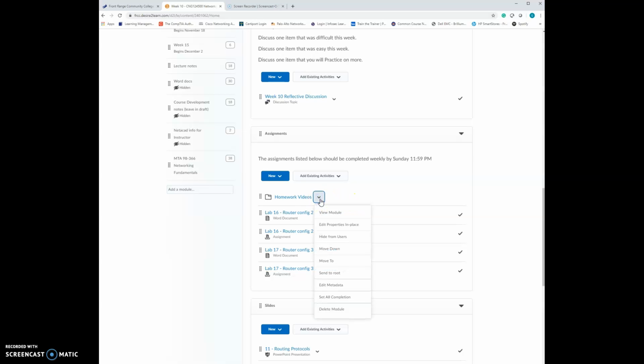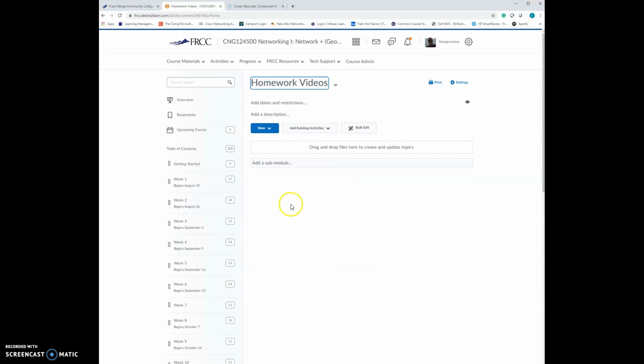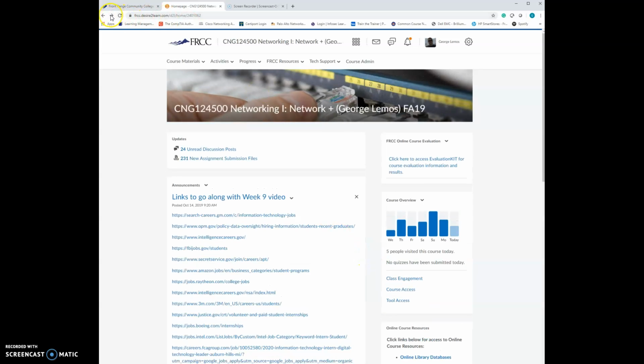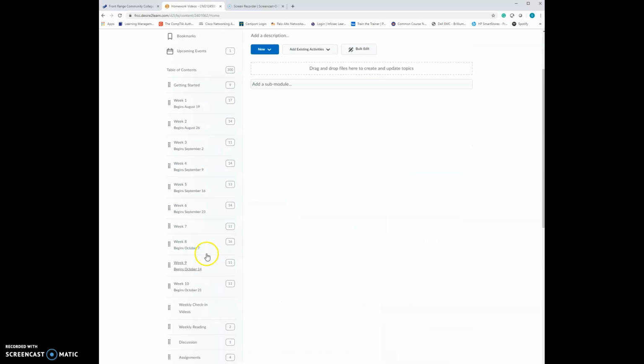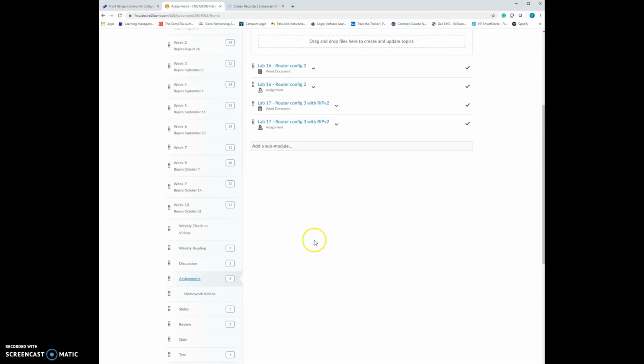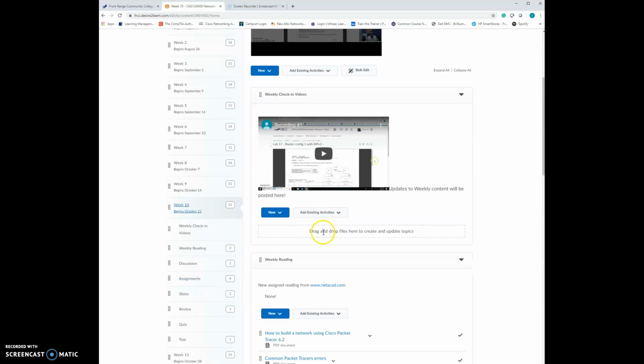And when you look at the labs, make sure you actually go through them. Do I have any homework videos in there? I don't have any homework videos in there, but definitely give yourself enough time that if you do have errors with Packet Tracer, you can work through them just a little bit.